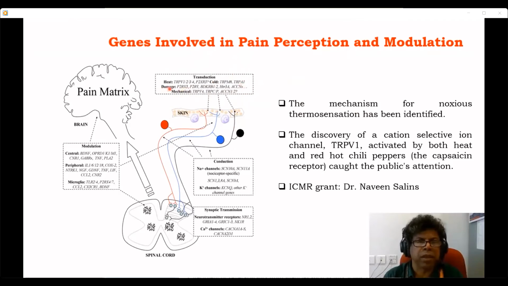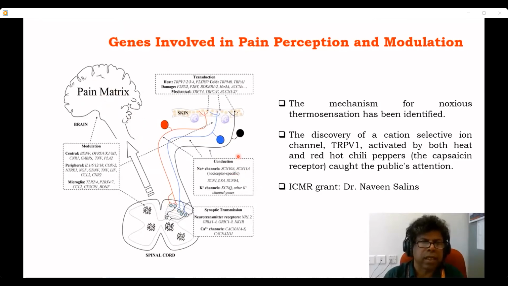And during the damage, different genes are expressed. During the mechanical damage, again the TRP family genes are expressed. Once the signal is generated through these genes, there are a lot of other genes which send the message to the spinal cord and eventually to the brain, where the pain matrix is.